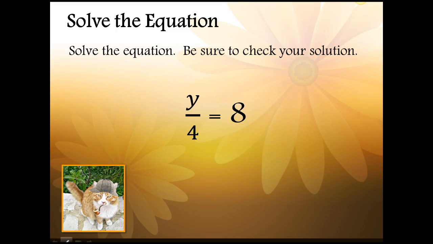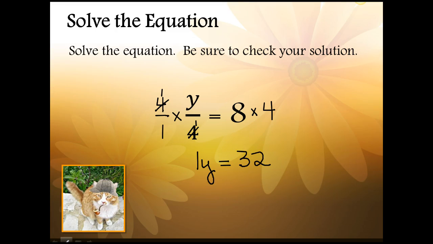So we'll want to multiply both sides times 4 over 1. And on the right hand side, I know that 4 over 1 equals 4, so I'm just going to write the 4 and not the whole fraction. Now I can cross cancel the 4's and they become 1's. This leaves me with 1 times y equals 32.